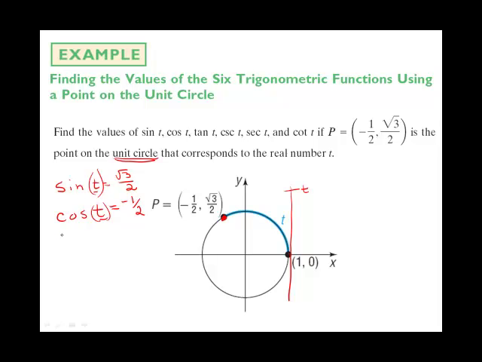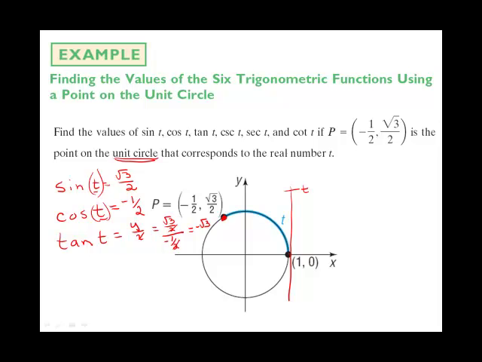So sine, cosine, the next one is tangent. And we know that tangent is sine over cosine, which is y over x if we're talking in terms of the ordered pairs. So that would be the square root of 3 over 2 divided by -1/2, and the 2's cancel and we have negative square root of 3.